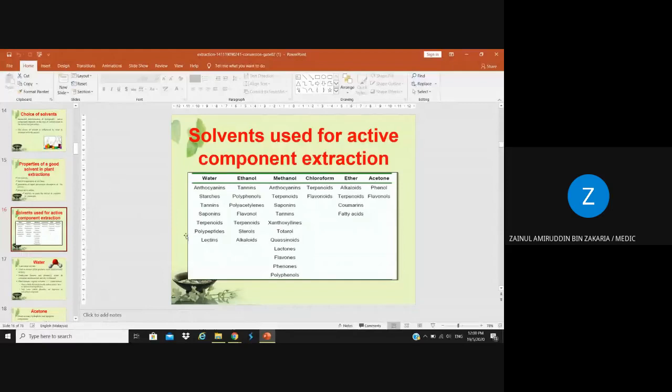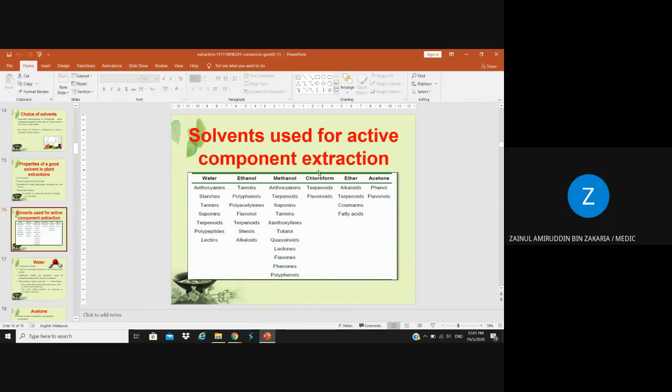Let's say for example you are using ethanol or methanol, but when you do extraction, you will get all of this in your sample. After you get a crude extract that contains all this, let's say you want to take only polyphenols.